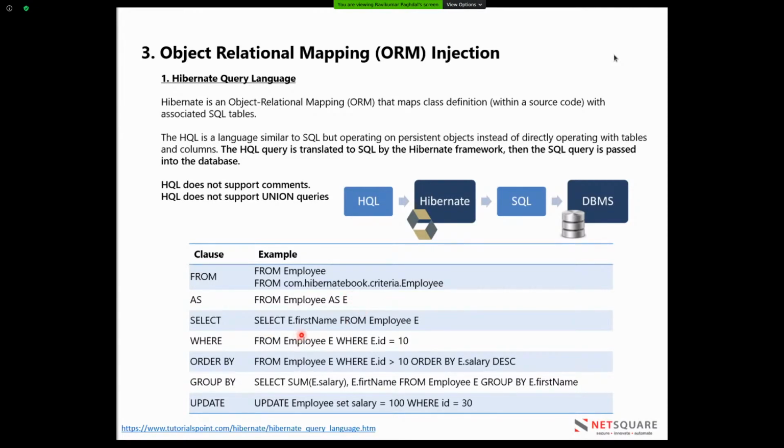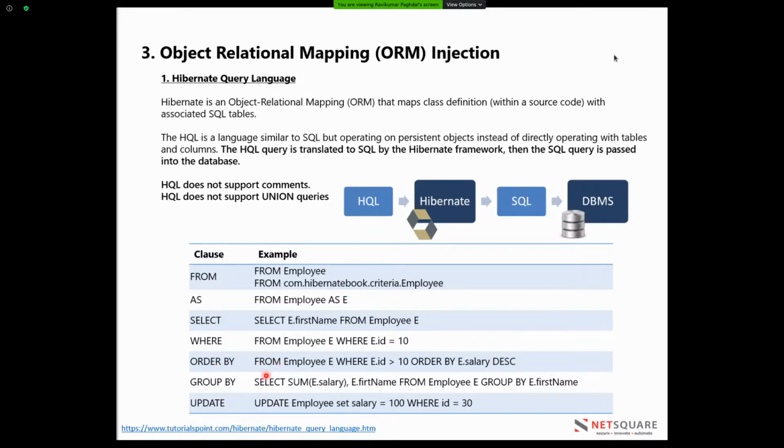Select query is most similar to normal SQL queries. Select your alias.yourColumnName from Employee table with alias name E. Where clause, so you need to start your query from Employee E where E.id is equal to 10. It means it will find the ID 10 in the Employee object. If you want to order by, the query starts with from.